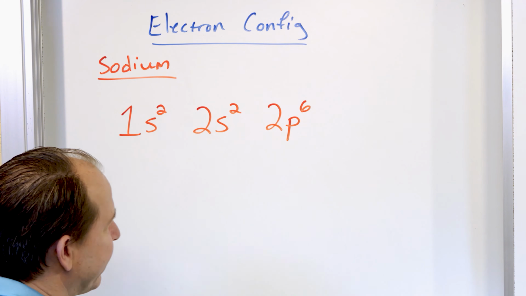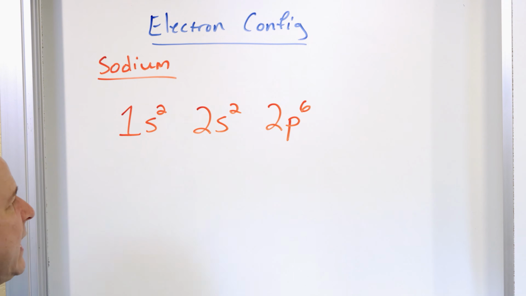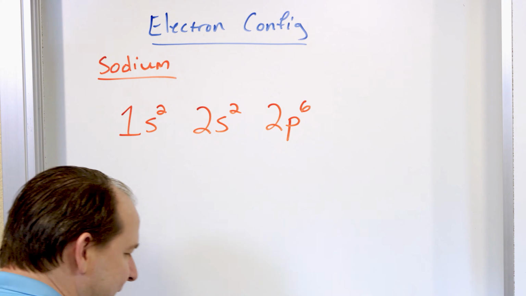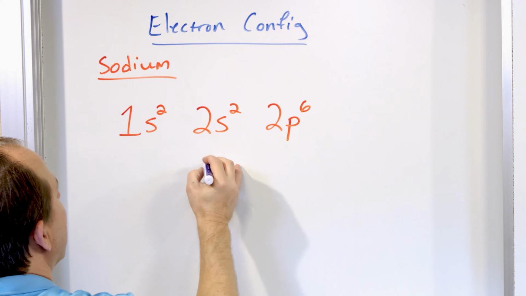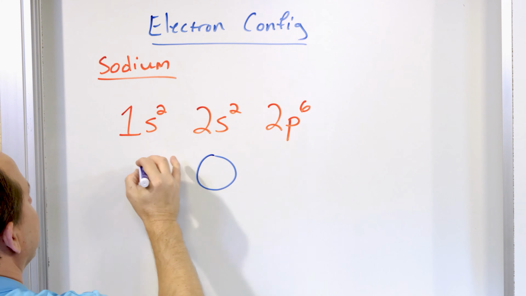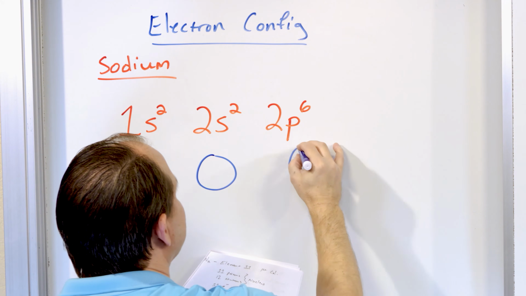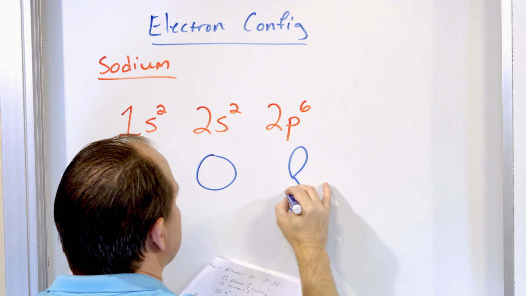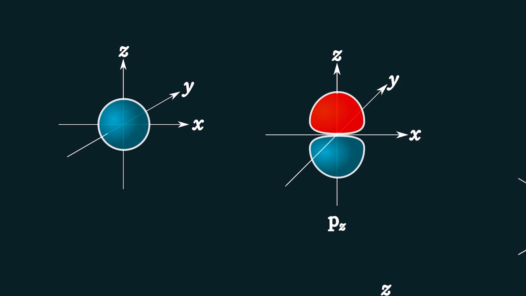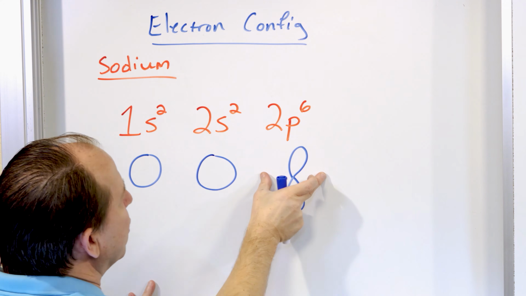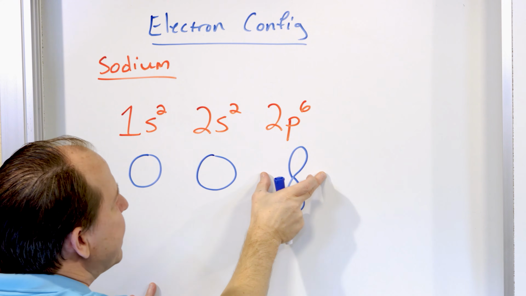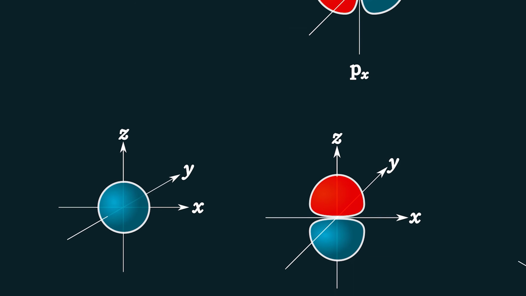Now the p orbitals, I'm already compressing a lot of information. The s orbitals, I will say, are spherical. I'll draw a little circle here to remind you that these are spherical, but the p orbitals exist as these dumbbell shapes, right? Now I'm only drawing top and bottom, and each of these can hold 2, but there's another p orbital sideways for 2 more, and there's another p orbital coming out of the board for 2 more.